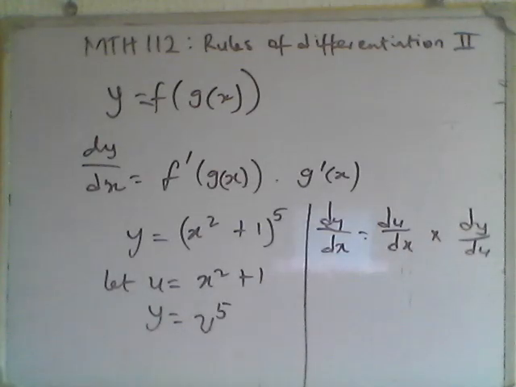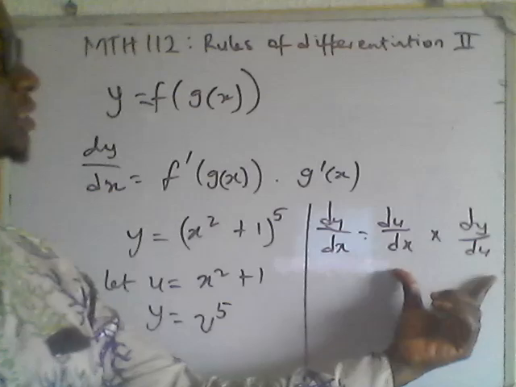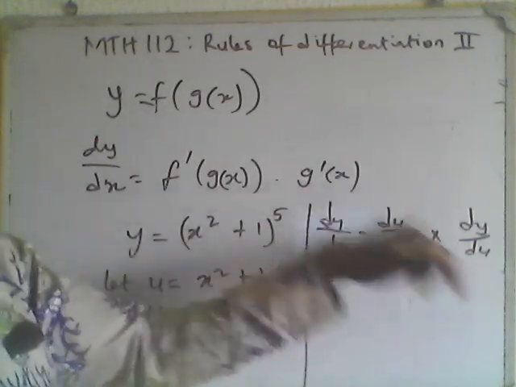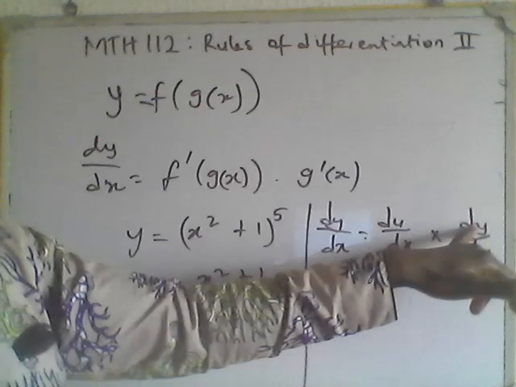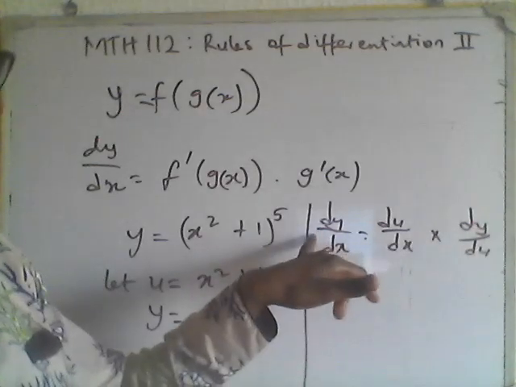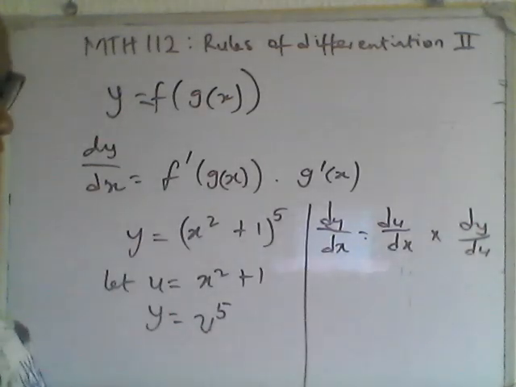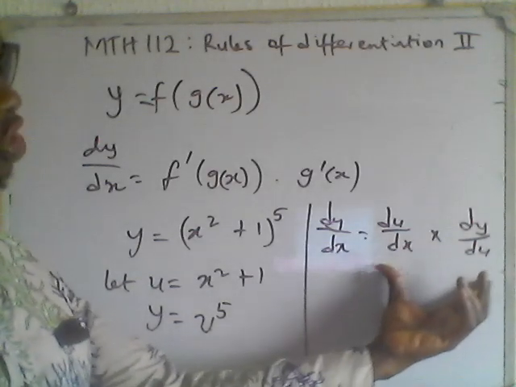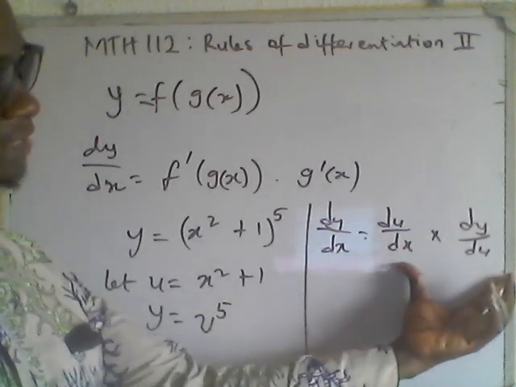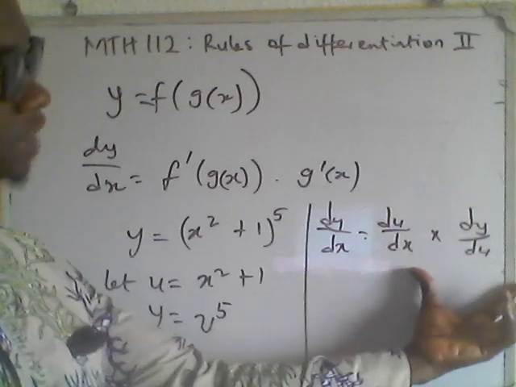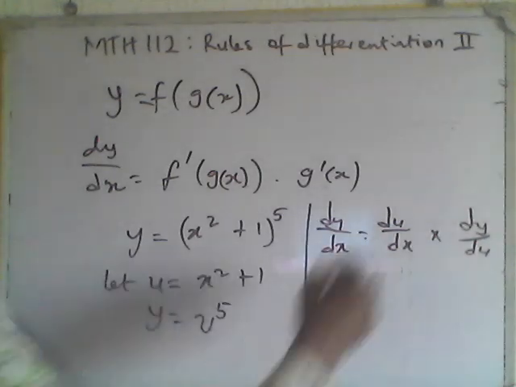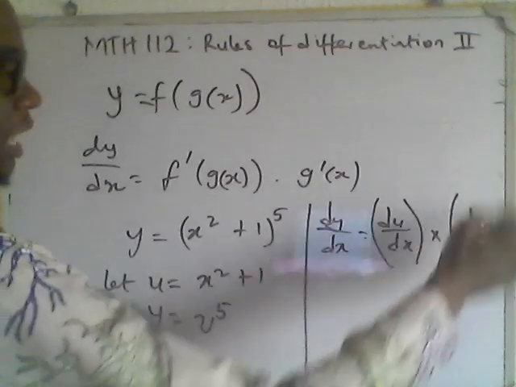Now when you're writing this out, you see that the du here and du here tend to cancel out, so that I will still have dy/dx. But that's not the sense. It's just for you to know that whatever chain of functions you are writing out, ensure that the final output will still give you something like dy/dx, though you are looking at them in isolation.